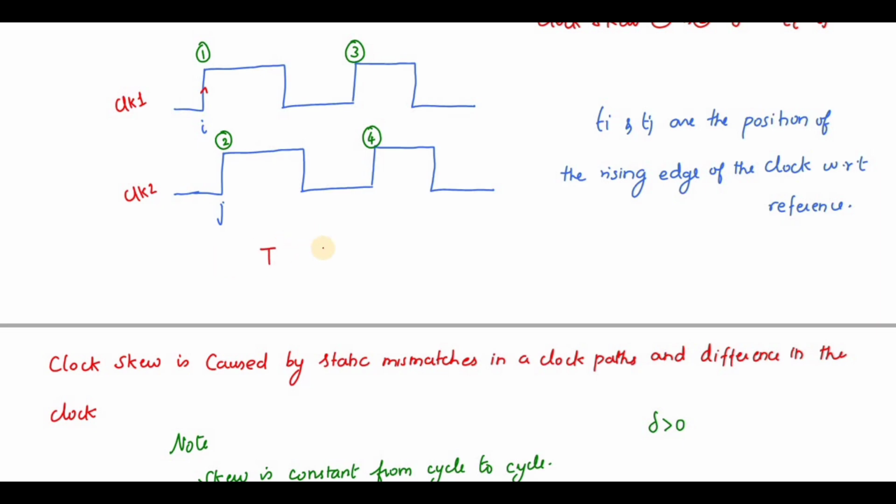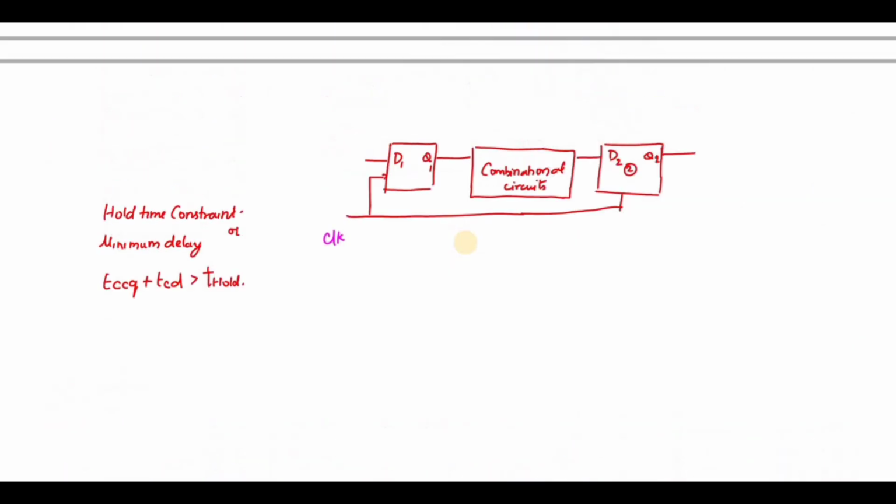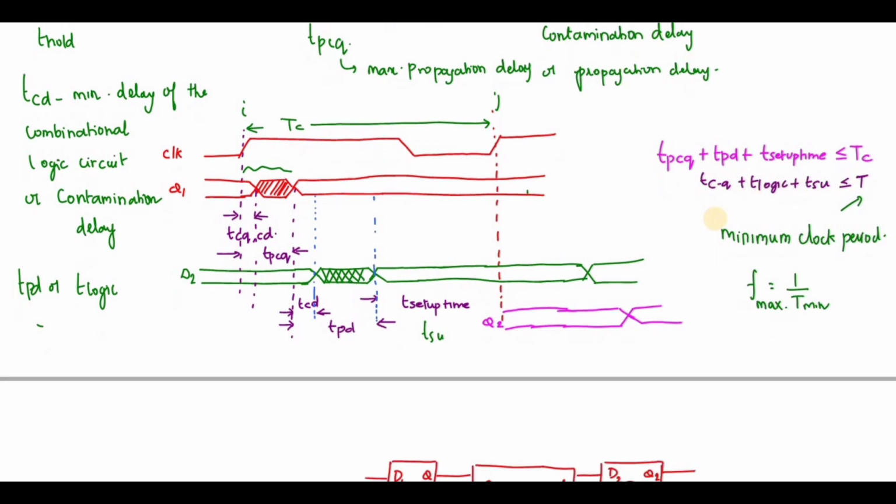We know that T, that is T minimum or Tc, is greater than or equal to TPD of the logic plus TSU plus TCQ. This is what we have already discussed. T is greater than or equal to TSU, T logic and TCQ.